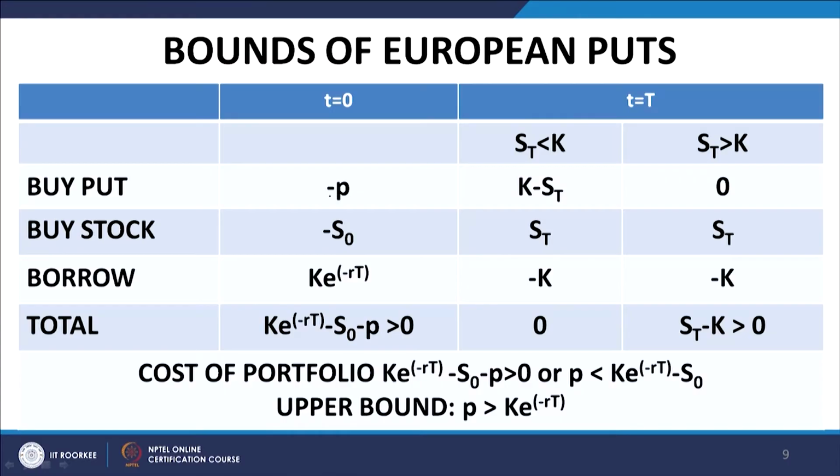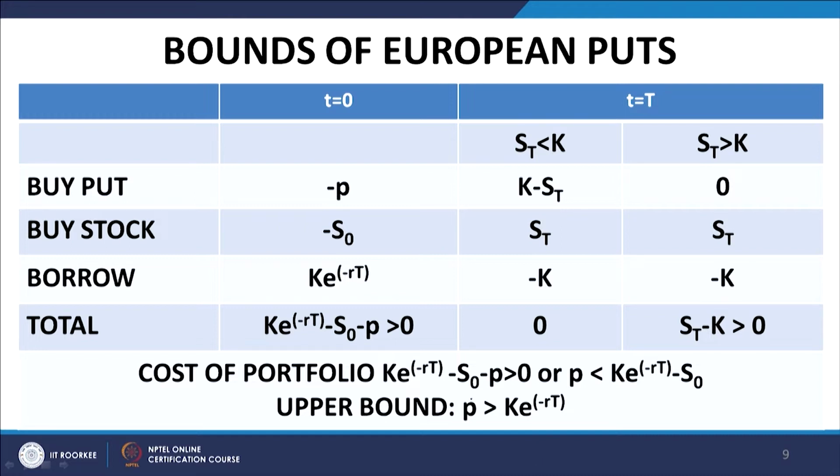Now, we talk about European puts. More or less a similar logic. You buy a put option, you pay a certain price P for that, and the payoff that you get in this case is K minus S t if S t is less than K, and if S t is greater than K, you get a payoff of 0. You buy this stock, you pay S naught, it is an outflow, and you receive S t on maturity of the option, and you borrow a certain amount.